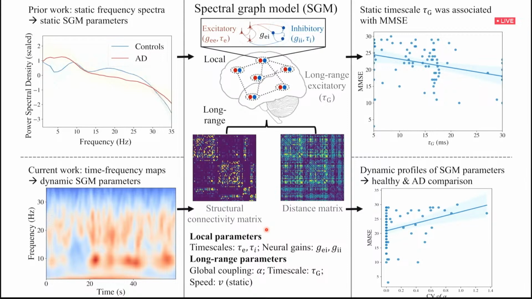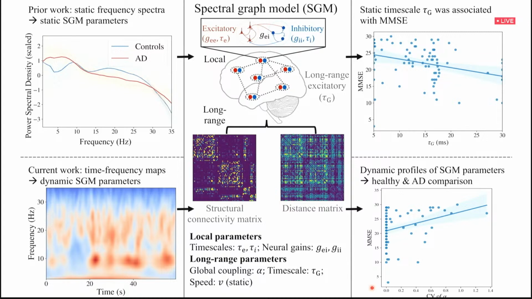From that we evaluate the sample entropy and coefficient of variation of model parameters, and then again use them as features of a classifier, and we see that they can also classify Alzheimer's disease from healthy controls accurately. And then again we can do the association with the global cognitive decline score and see that it is associated with the coefficient of variation of coupling.